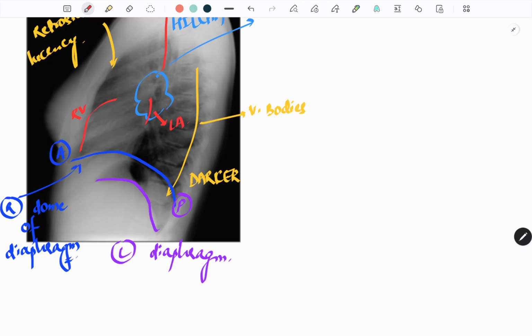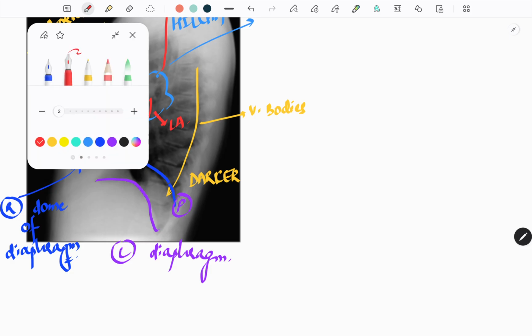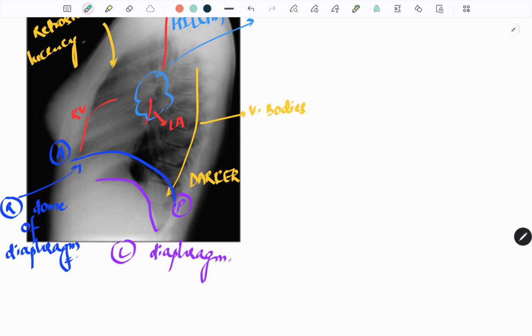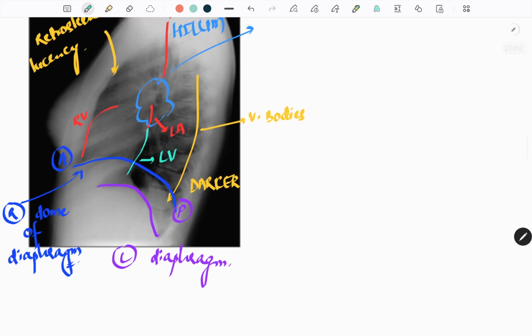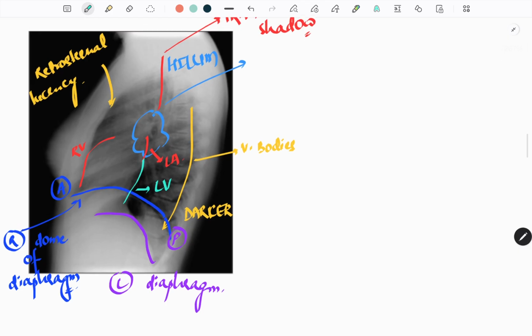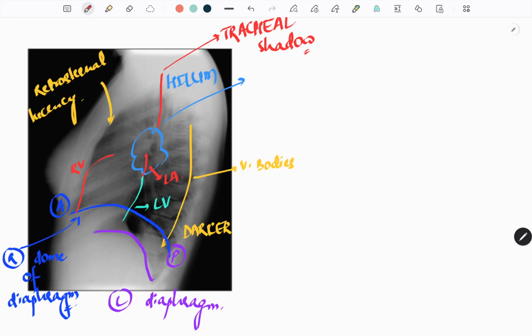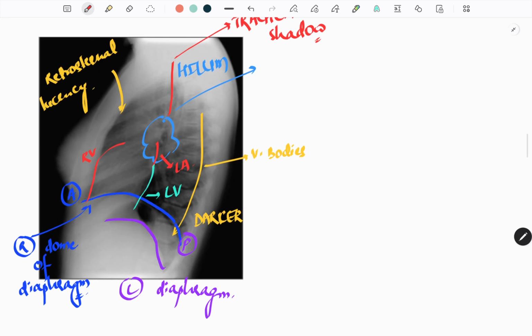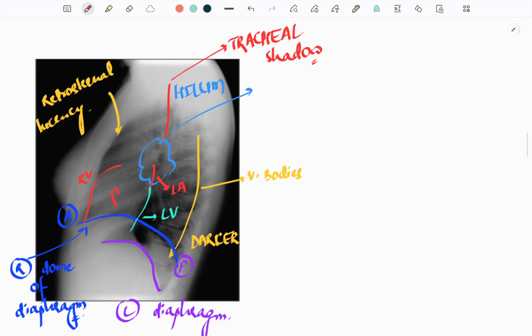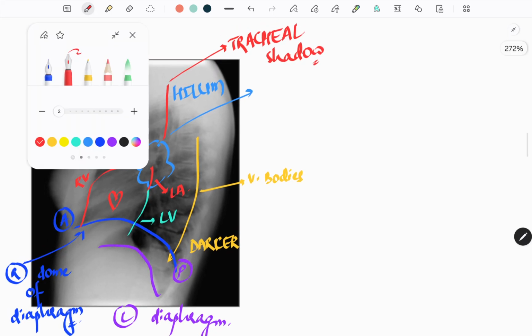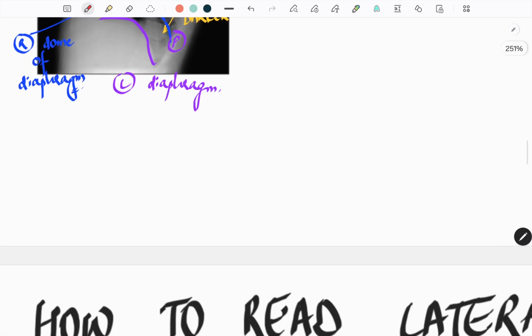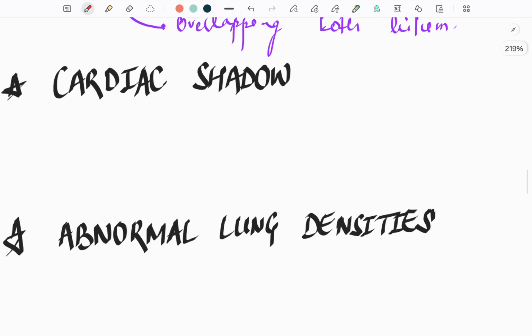It is formed by the left atrium. And this is the posterior border below the hilum. This is formed by the left ventricle. This is the cardiac shadow, and how it is formed on the lateral chest X-ray, and how we should assess that.